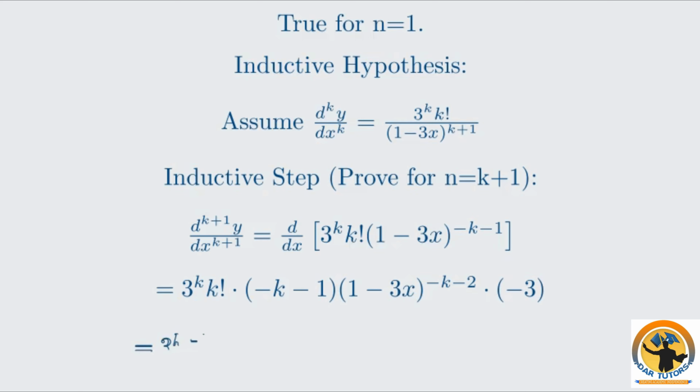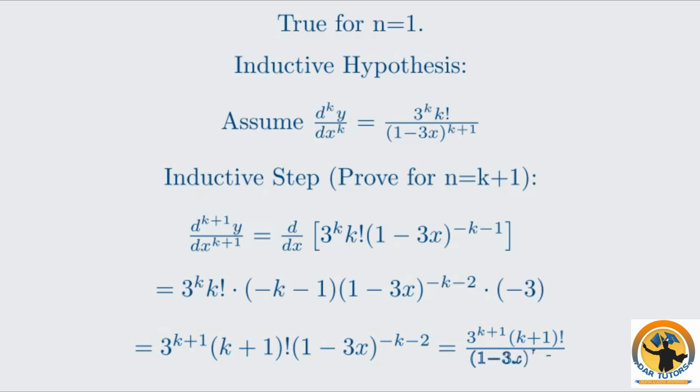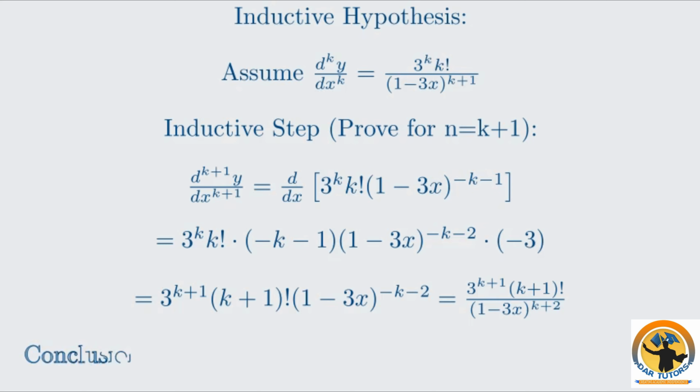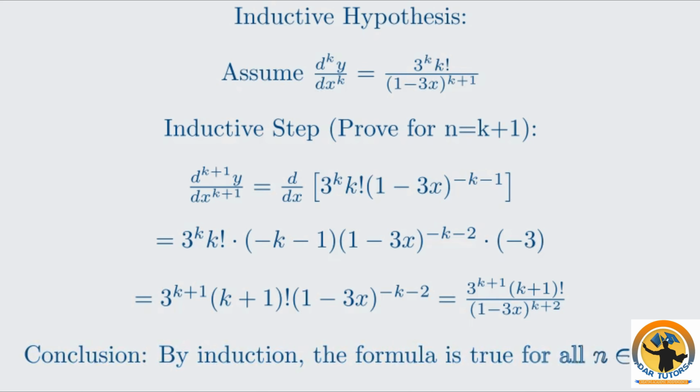This simplifies to 3^(k+1) times (k+1) factorial, divided by (1−3x)^(k+2). This is the formula for n = k+1. The inductive step is complete. Conclusion. By induction, the formula is true for all positive integers n.